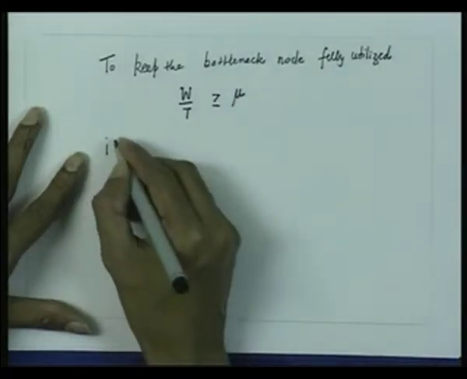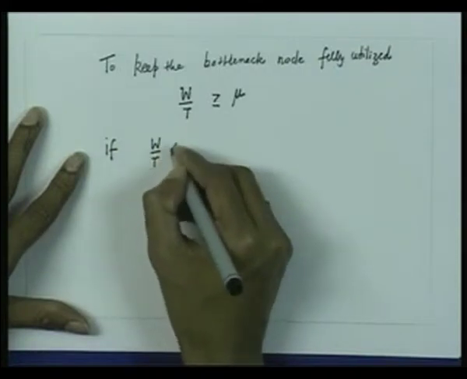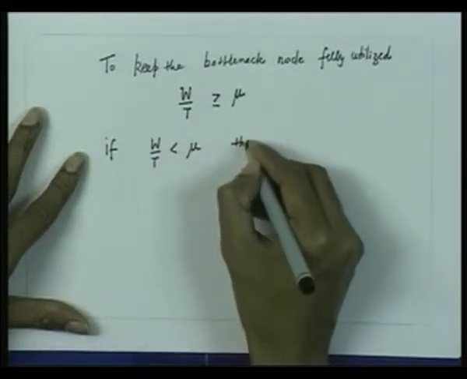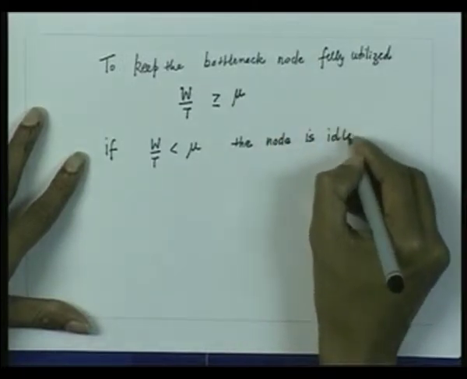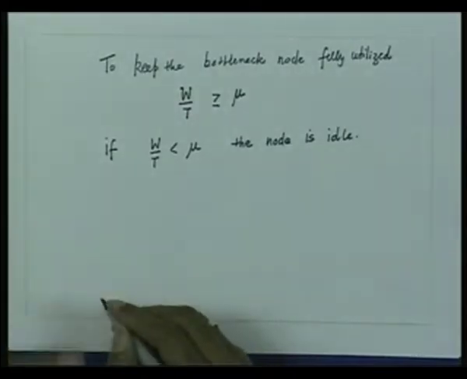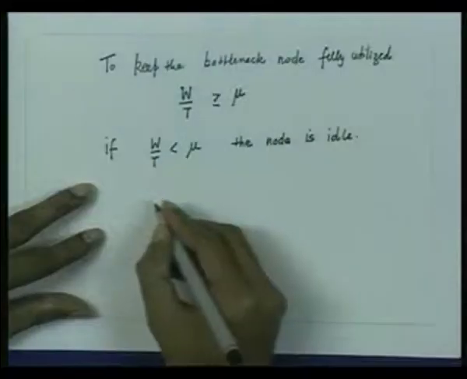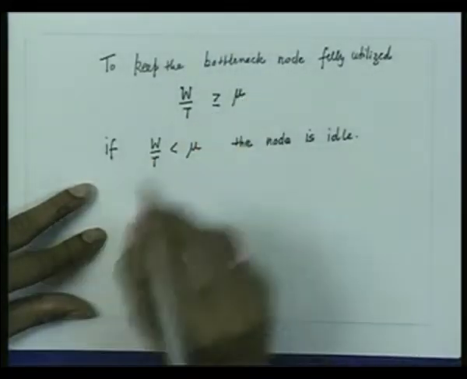Obviously, if W by T is less than mu, the node is idle. If the source sending rate is less than the bottleneck service rate, the node is idle. If the source sending rate is greater than the bottleneck service rate, then the bottleneck link is fully utilized. So let us say that W by T is greater than mu.